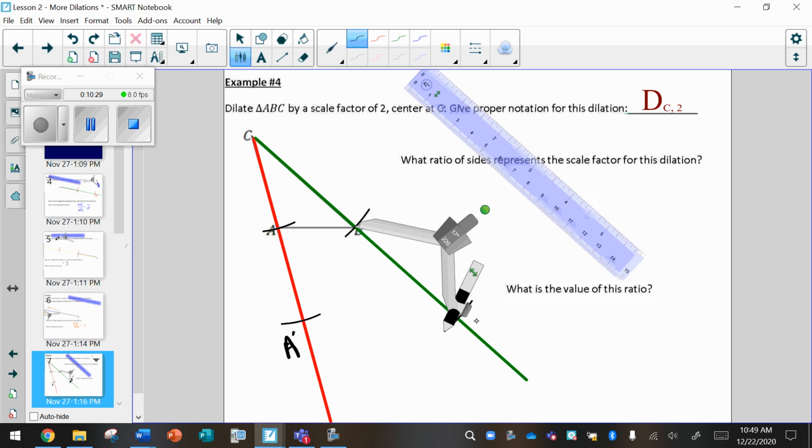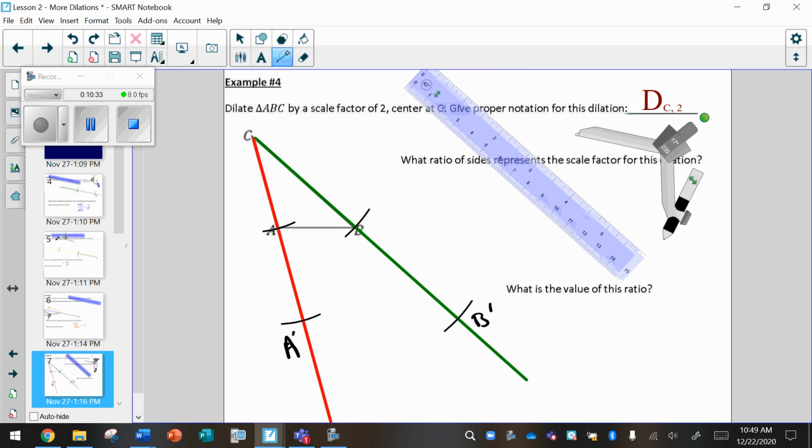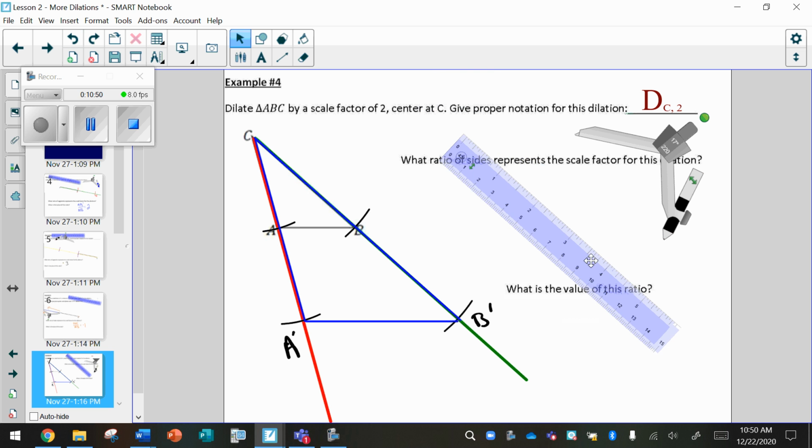There's 2. There's B prime. And then when I connect, I now have a new triangle. Same angle measures, but side lengths twice as big. Side lengths twice as big as the original.